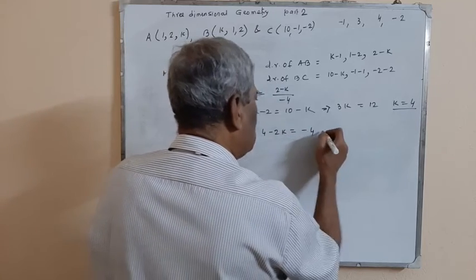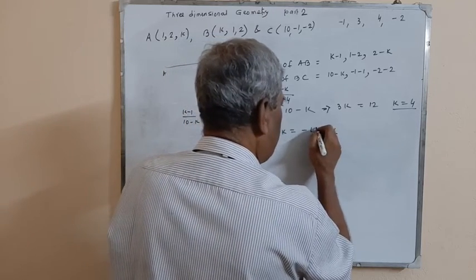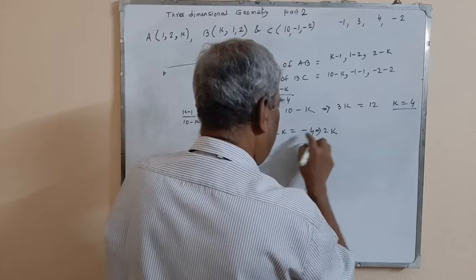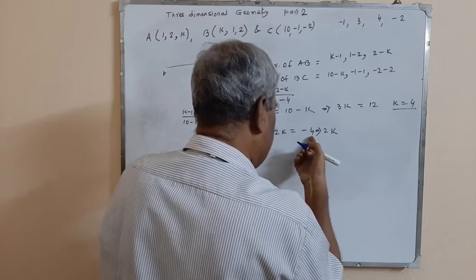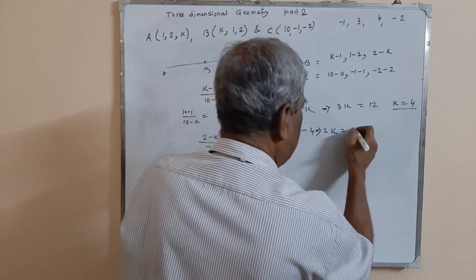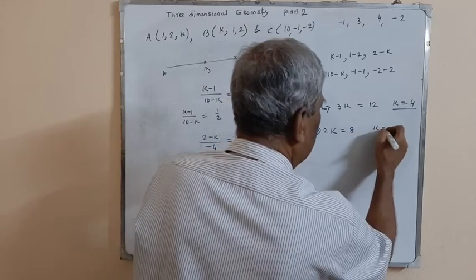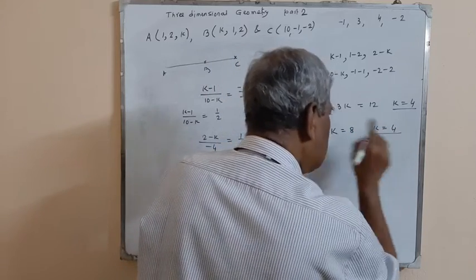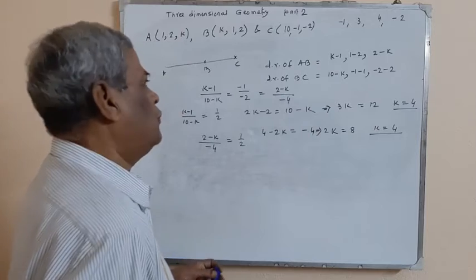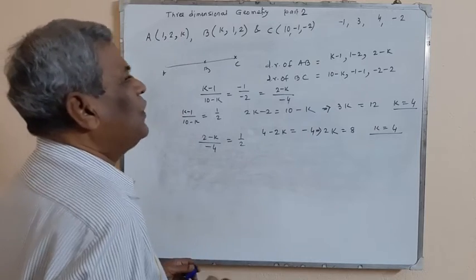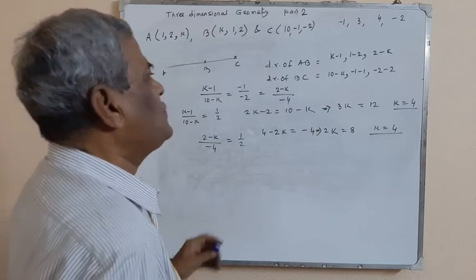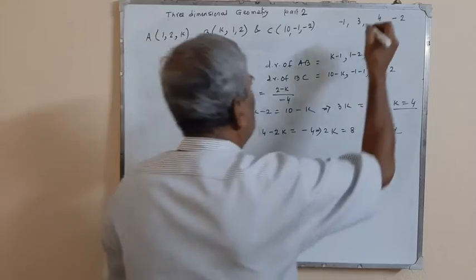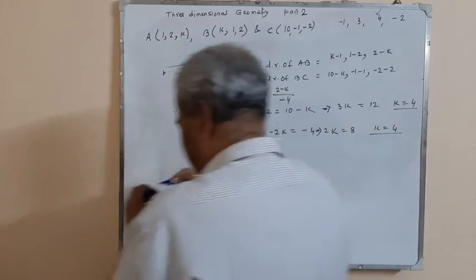That is 2k is equal to 8. That is k is equal to 4. So this value also gives k is equal to 4. So if k is equal to 4, these 3 points are collinear. So this is our answer.